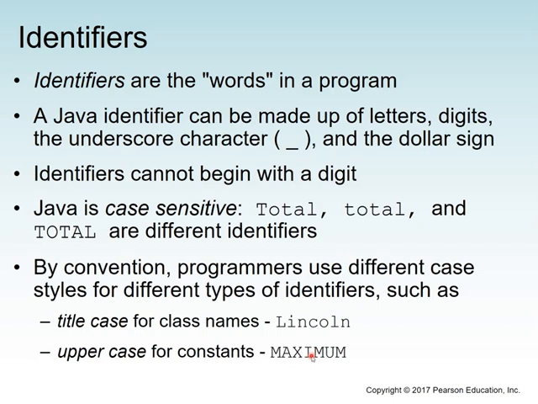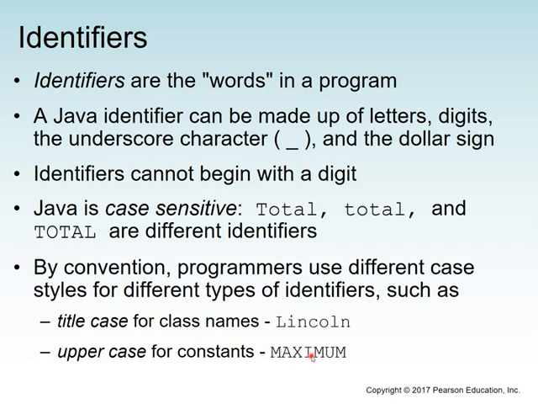They can only be made up of letters, digits, and the underscore character and the $ sign. However, identifiers cannot begin with a digit. So therefore, we must be using either an underscore or a letter or the $ sign to start the name of an identifier.